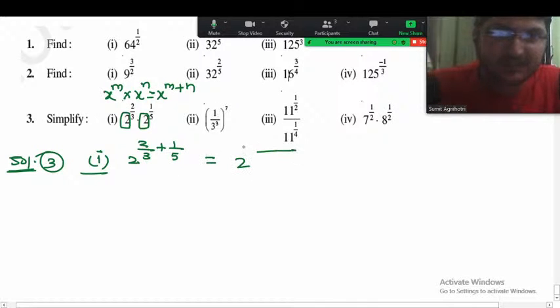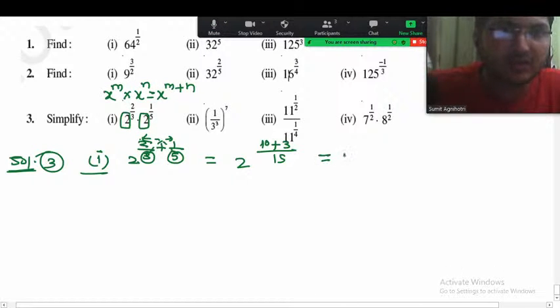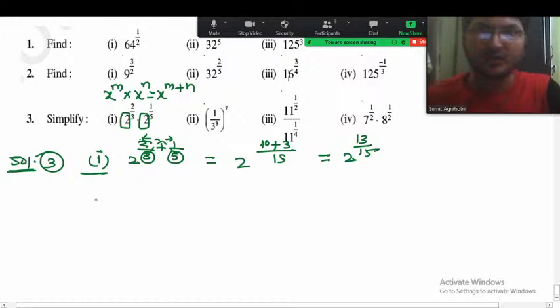We can just multiply these denominators, and multiply their cross values: 5 times 2 and here 3 times 1. Is it okay? Yes, sir. We got 2 raised to the power 13 over 15.